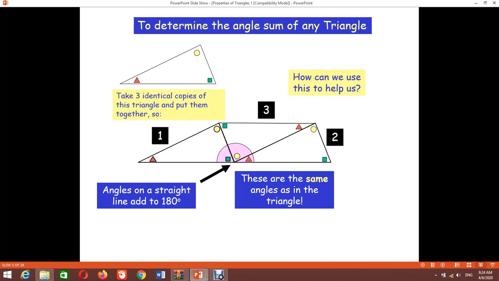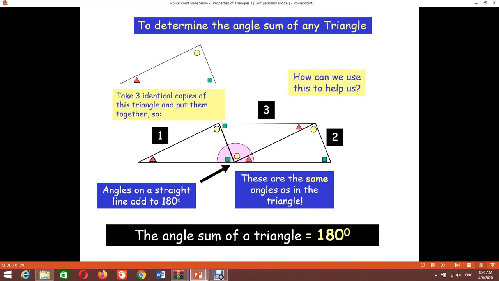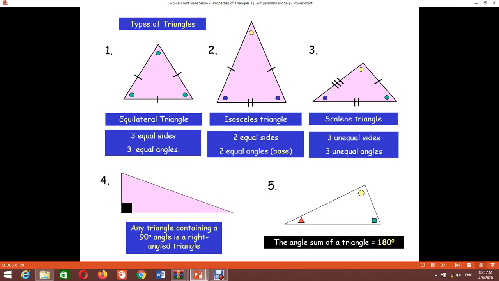These are the same angles as in the triangle. And therefore, the angle sum of a triangle is equal to 180 degrees.